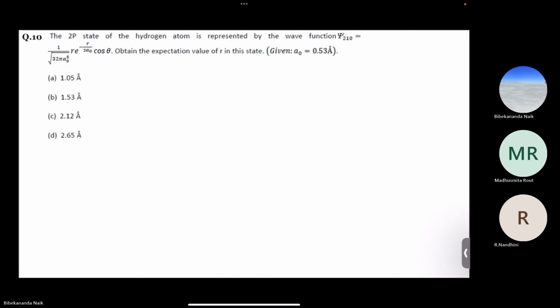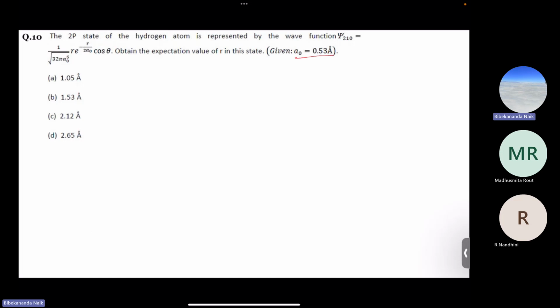Then let's proceed towards the last question of the day. The question says the 2p state of the hydrogen atom is represented by the wave function psi 210 equals 1/32 pi a0 to the power 5, r e to the power minus r/2a0 cos theta. What is the expectation value of r in this state?